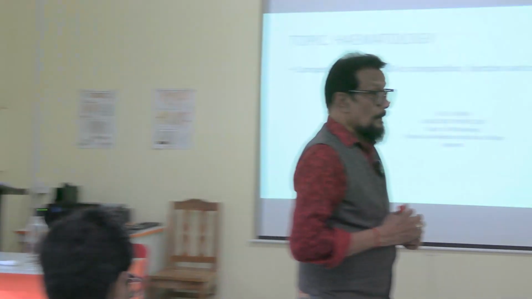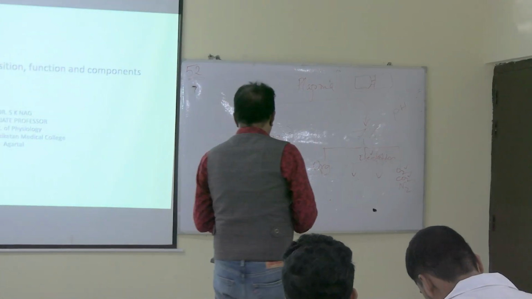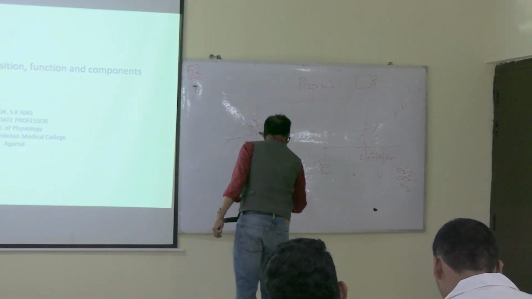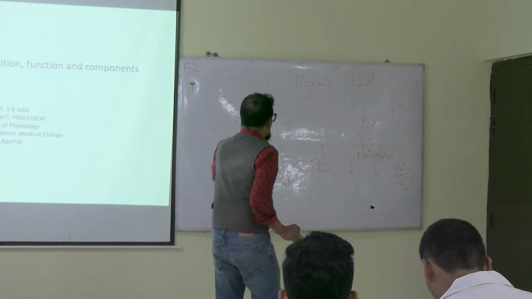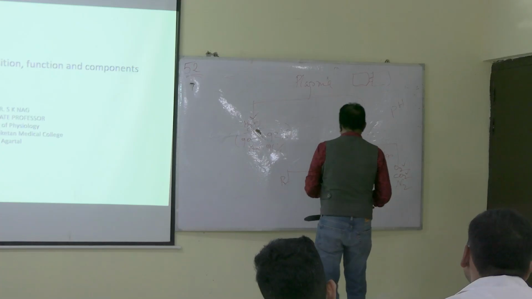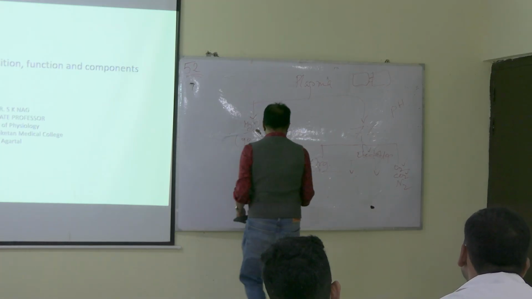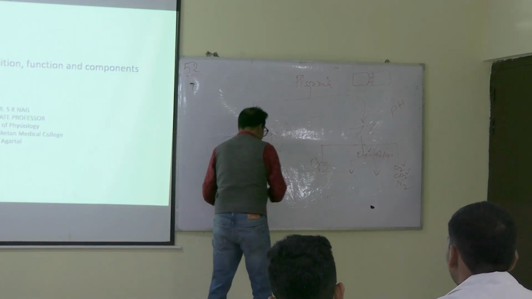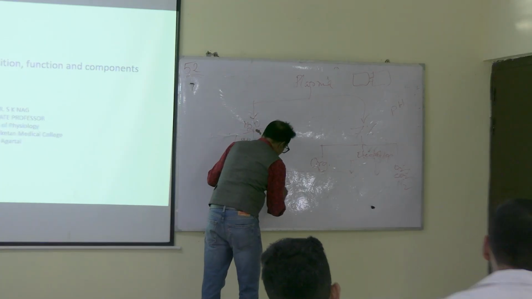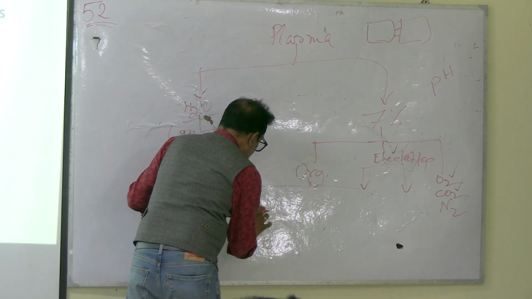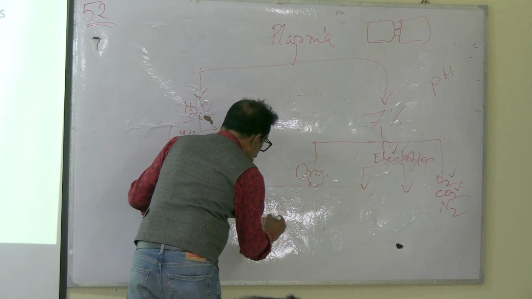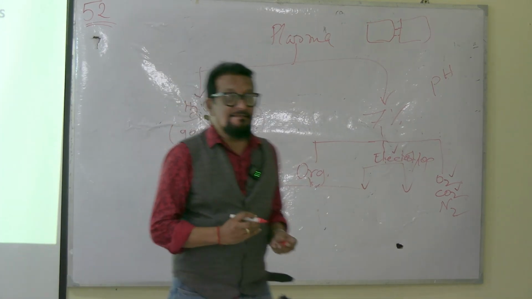Okay, so proteins. What is their normal value? They constitute 6 to 8 gram%.